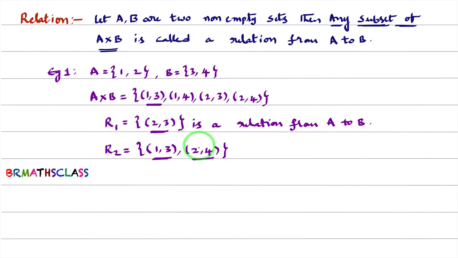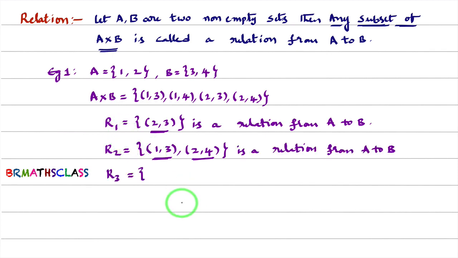Yes, it is. Is (2, 4) there in A cross B? Yes, it is. That means R2 is a subset of A cross B. When R2 is a subset of A cross B, we can say that R2 is a relation from A to B.